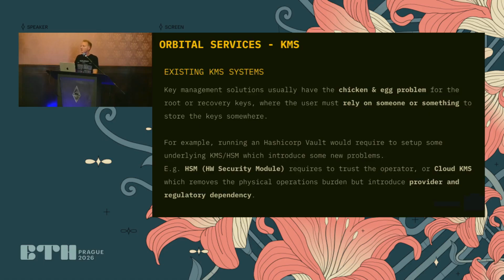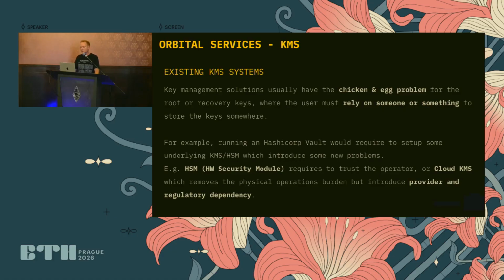So you trust some cloud provider, because you don't need to worry about their root key. They know how to worry about it. So you use some cloud KMS or some HSM. But both introduce issues. If you look at the cloud KMS, then you have a provider lock-in and regulation issue. And if you look at HSM, then you trust some operator.